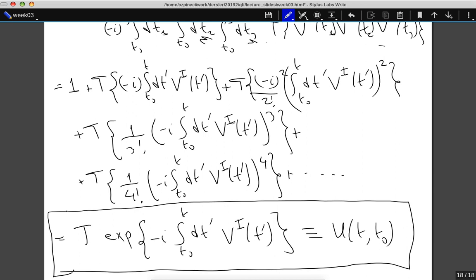So this is our U. This operator U determines how my state evolves in time from t0 up to t.